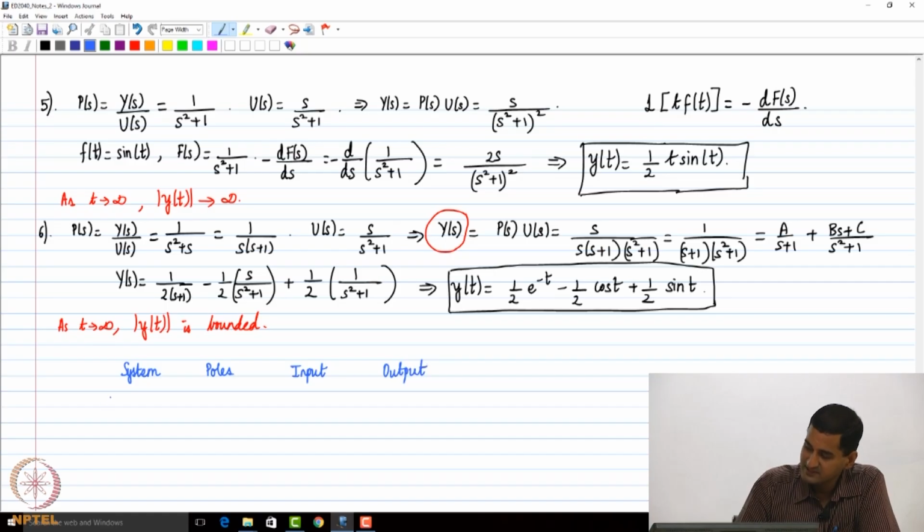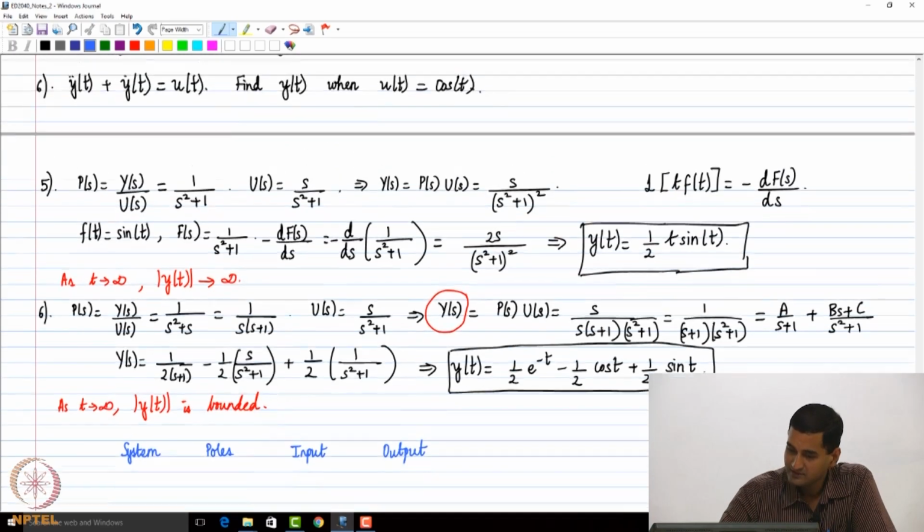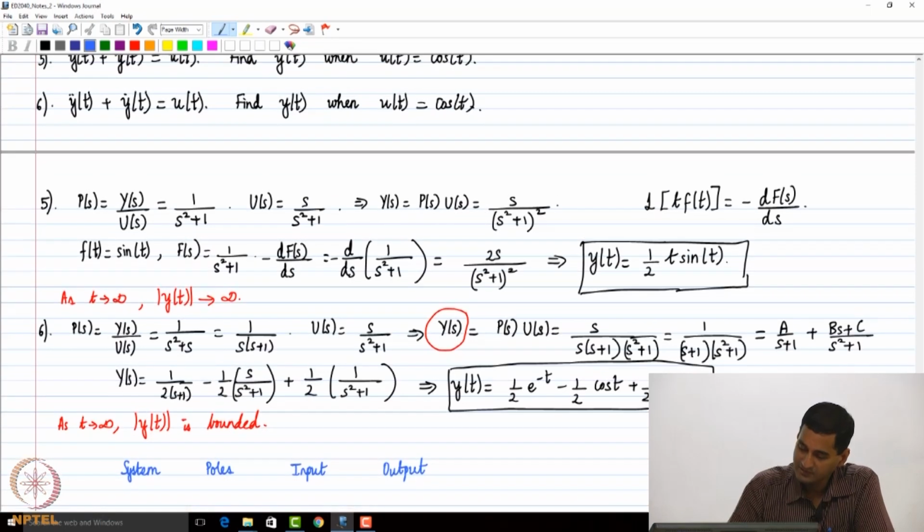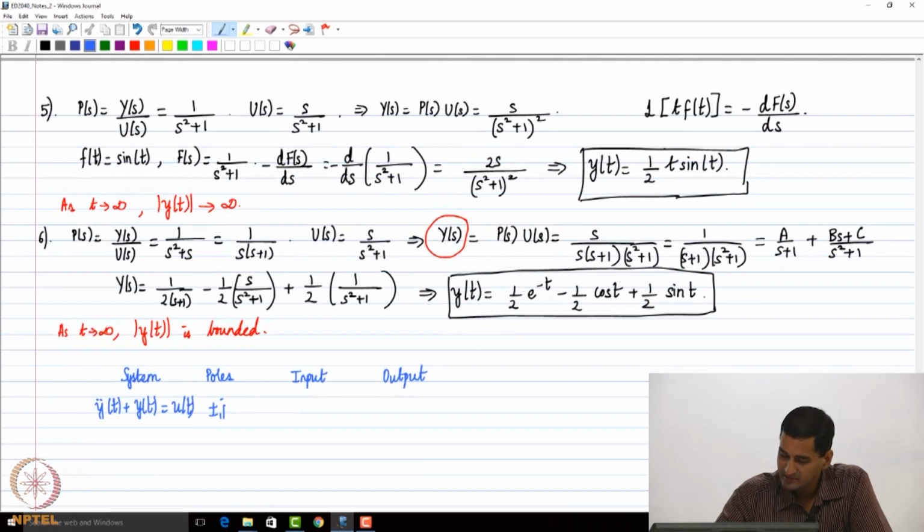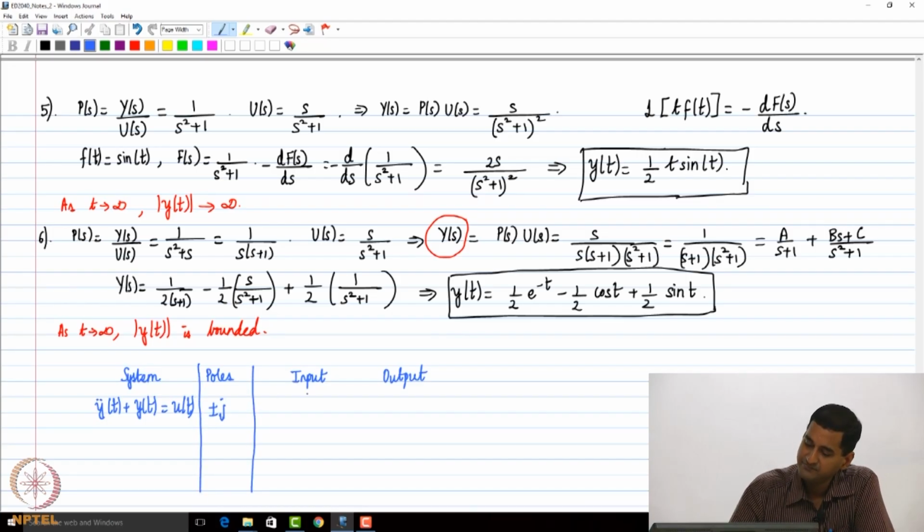First let's take the system which had complex conjugate poles. So first let's take y double dot plus y of t is equal to u of t. The poles were at plus or minus j, right? For this system we considered two cases.